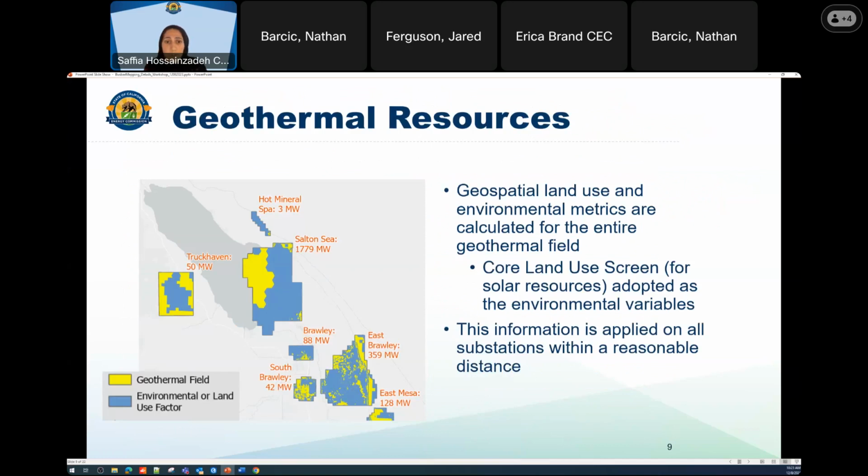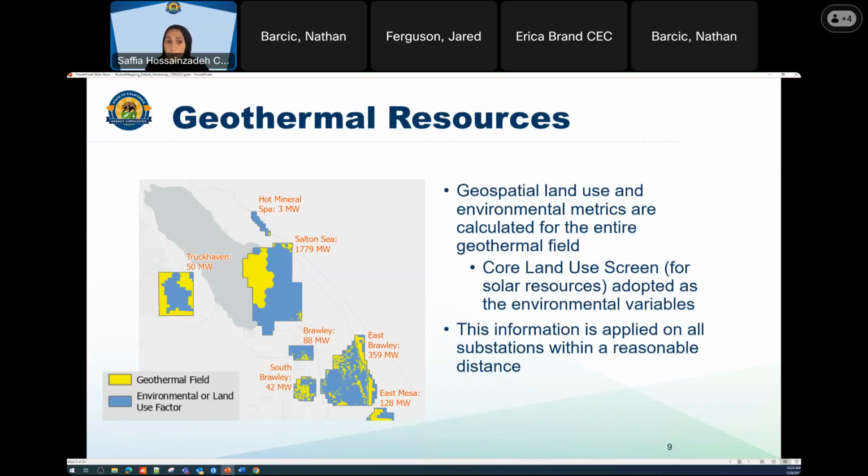So for geothermal resources, the land use and environmental evaluation is conducted within the geothermal fields themselves. And we use the core land use screen to define the areas of high and low implication.